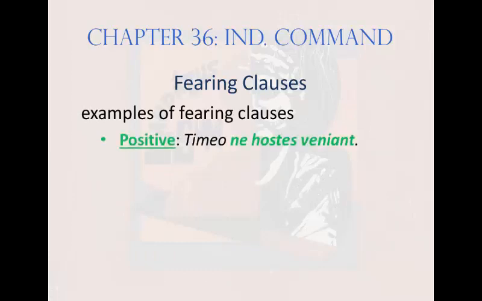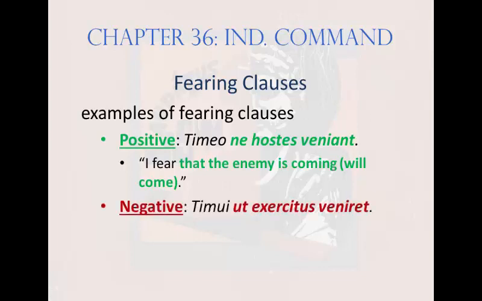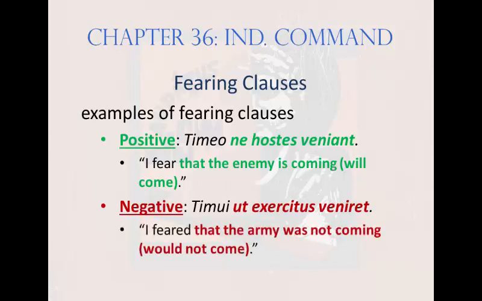Timeo ne hostes veniant, meaning, I fear that the enemy is coming or will come. Ne means that. Now a negative one. Timui ut exercitus veneret. I feared that the army was not coming or would not come. Ut means that not. Ut and ne are backwards in fearing clauses.